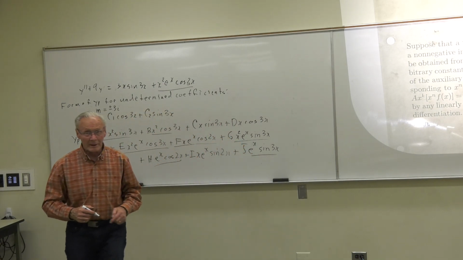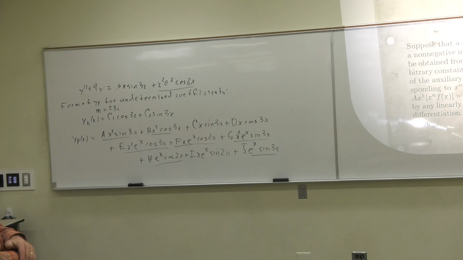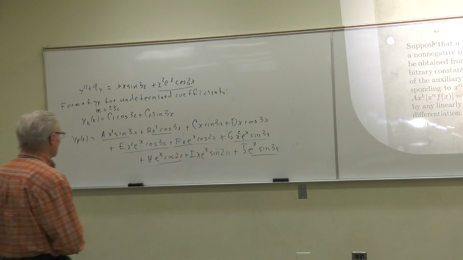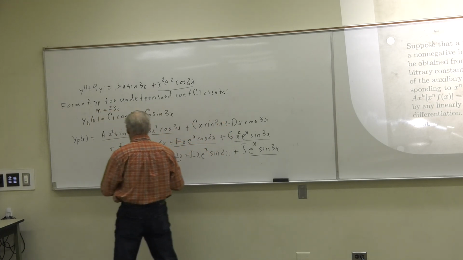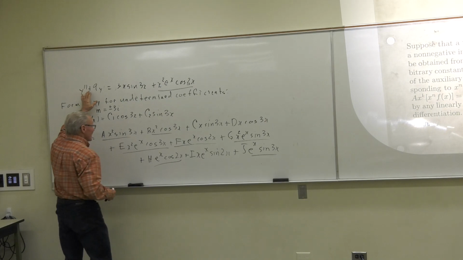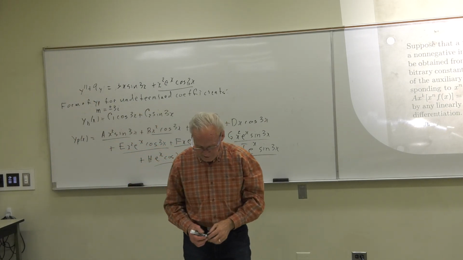I hope I didn't leave anything out. So there's the y sub p for that particular ugly looking right hand side. I would not relish differentiating this twice, putting it here, and equating coefficients. That would be nasty.